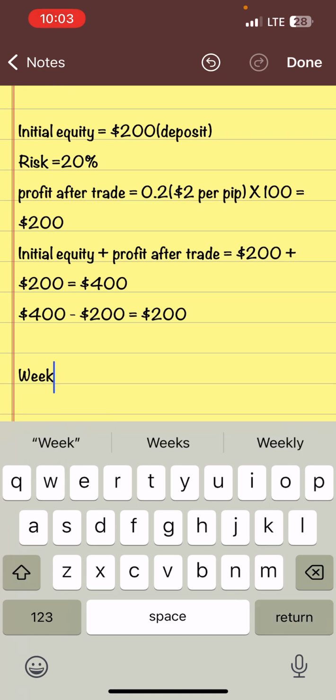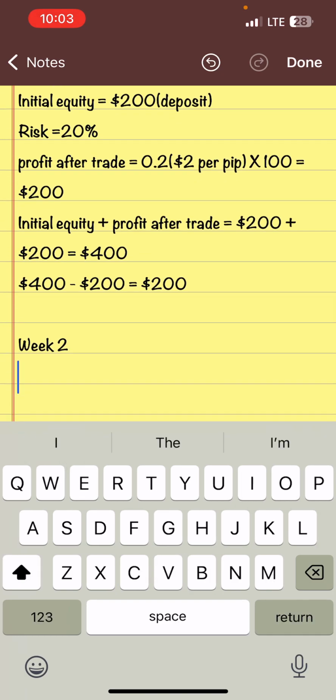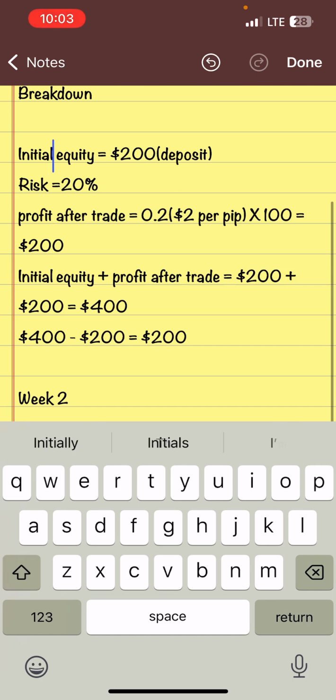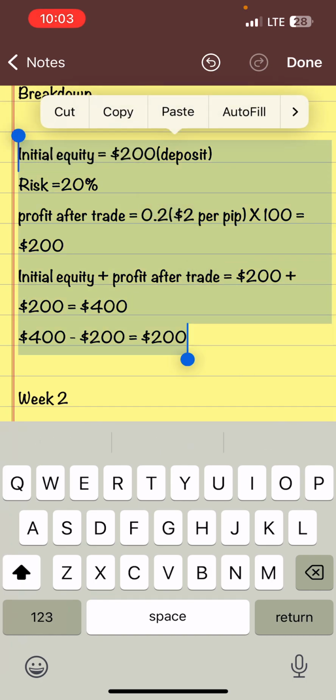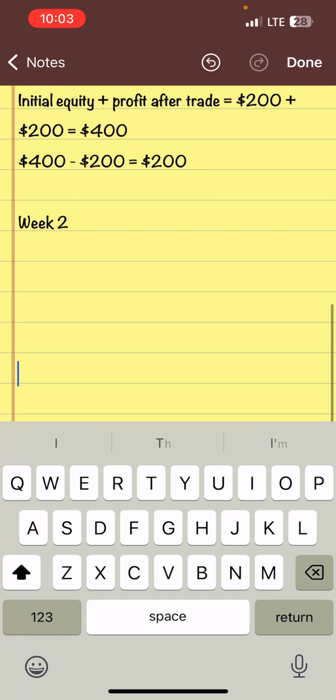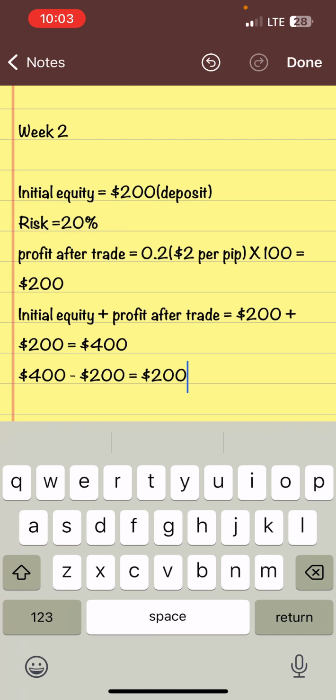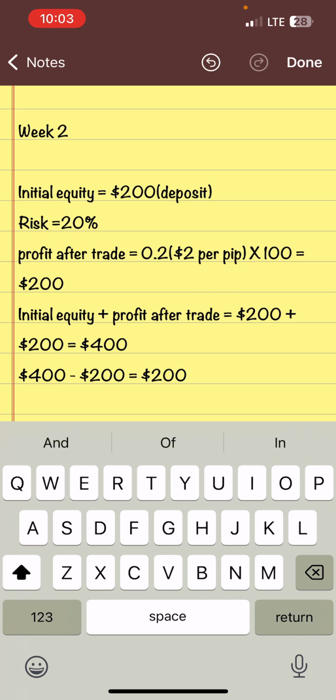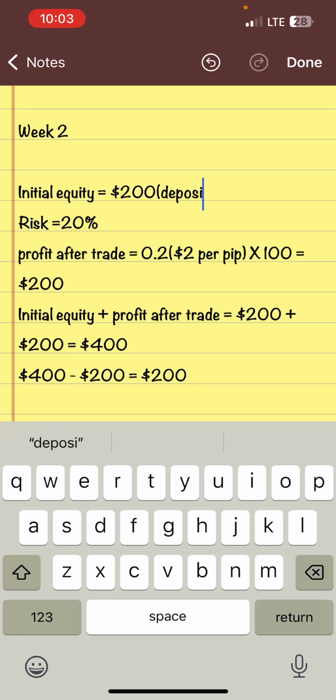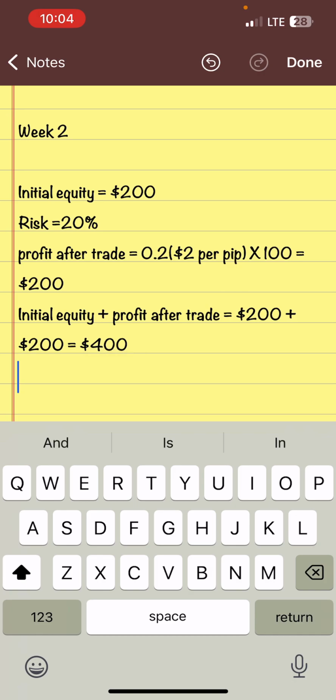So that's week 1. Week 2 is the same, because you don't need this deposit, because it's already in your account. Meaning that initial equity, you have $200 equity as your profit. You are risking 20% per trade.